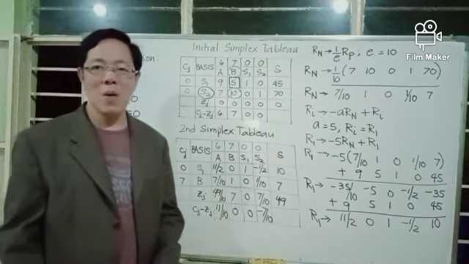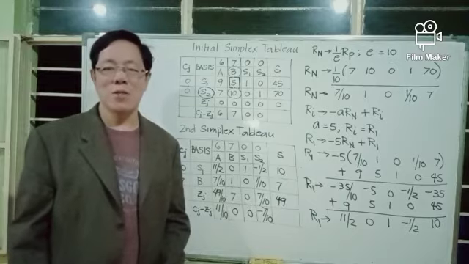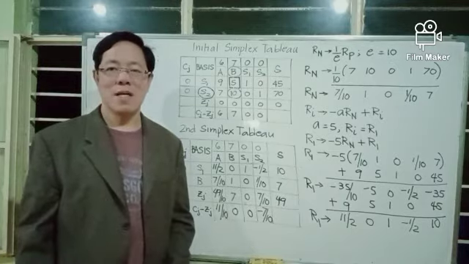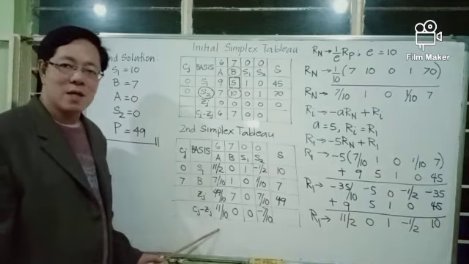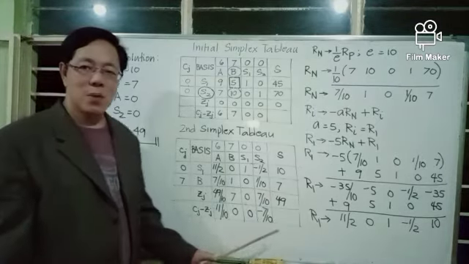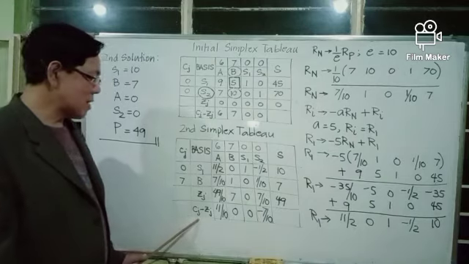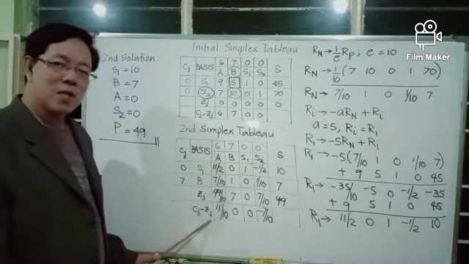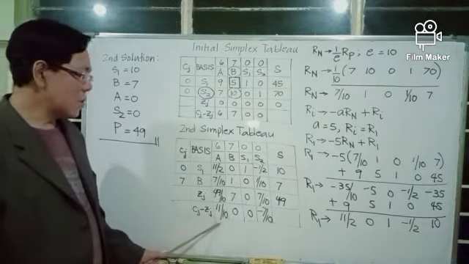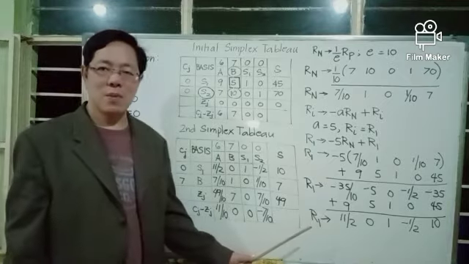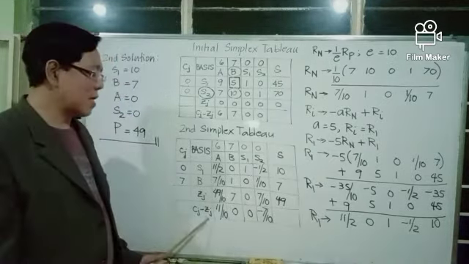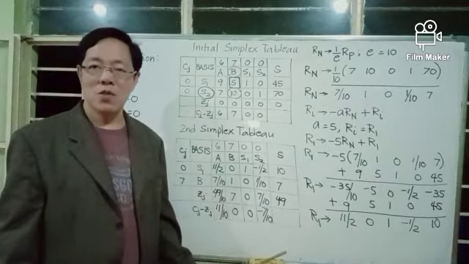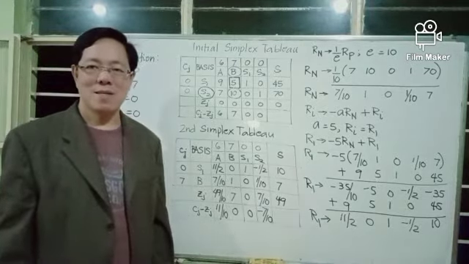Now, how do we know if we are done with the solution? This is the test. You always look at the entries in the last row. The last row is C sub j minus Z sub j. As long as there is a positive entry in the last row, the solution is not yet complete.